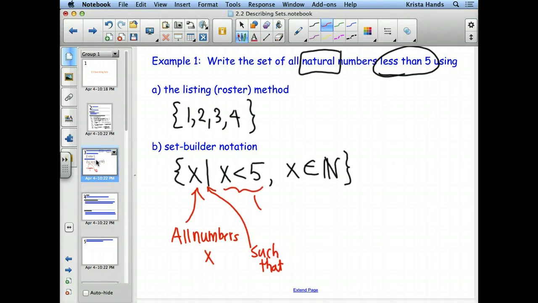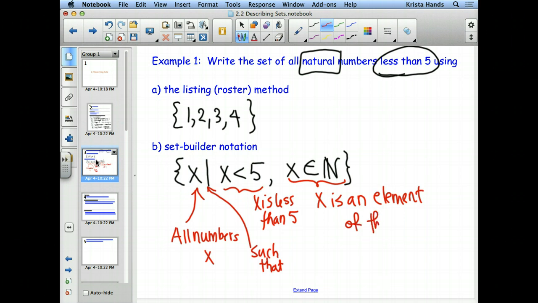This says X is less than 5. And this phrase right here says X is an element of the natural numbers. Or for short, X is a natural number.